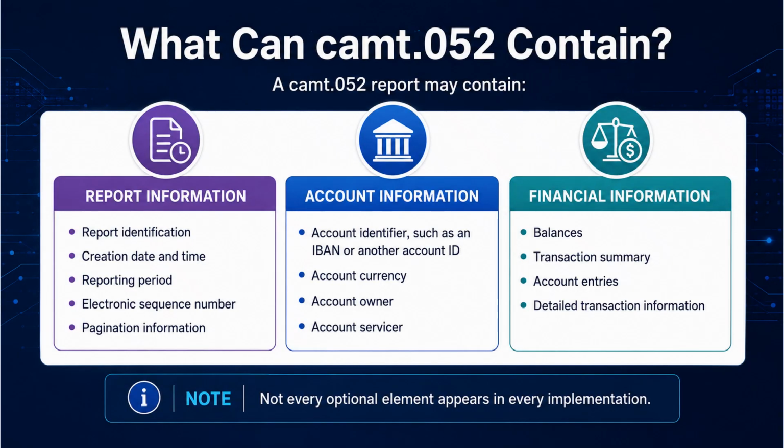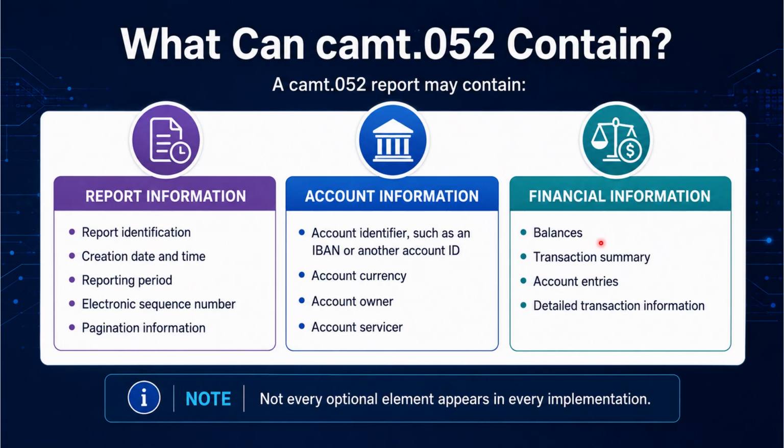What can camt.052 contain? A camt.052 report may contain three broad categories of information. First is report information, such as the report identification, creation date and time, reporting period, electronic sequence number, and pagination details. Second is account information, such as the account identifier, currency, account owner, and account servicer.